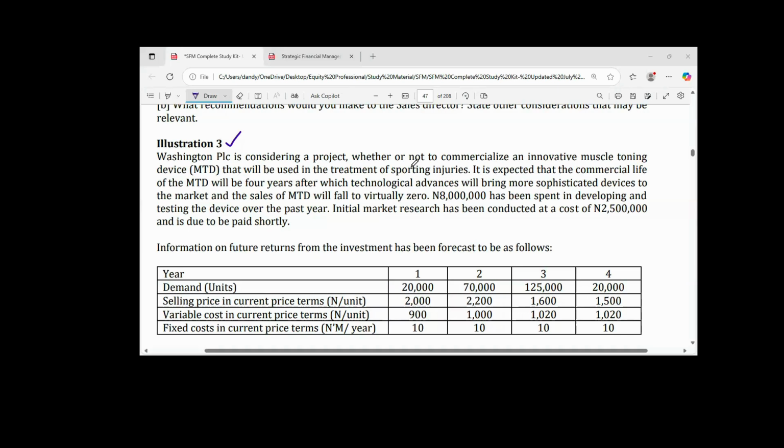It is expected that the commercial life of the MTD will be 4 years, after which technological advances will bring more sophisticated devices to the market, and the sales of MTD will fall to virtually zero. 8 million naira has been spent in developing and testing the device over the past year. Initial market research has been conducted at a cost of 2.5 million naira and is due to be paid shortly. Information on future returns from the investment has been forecast to be as follows.